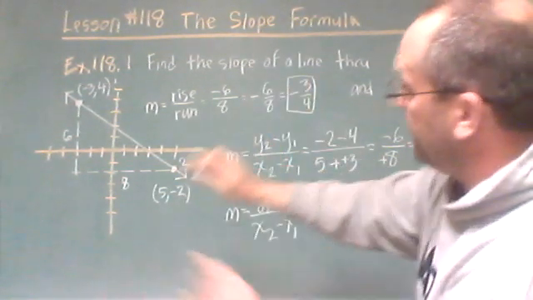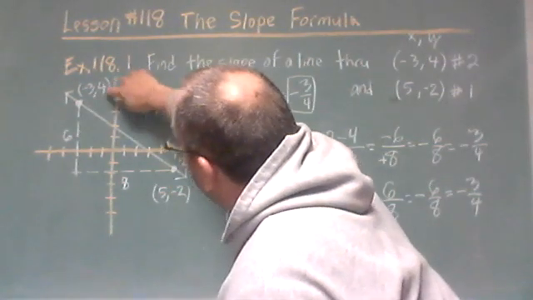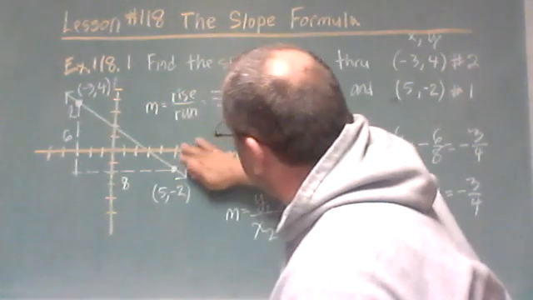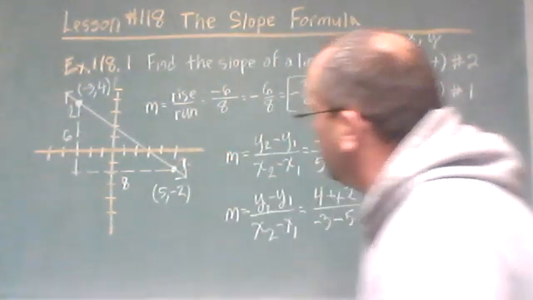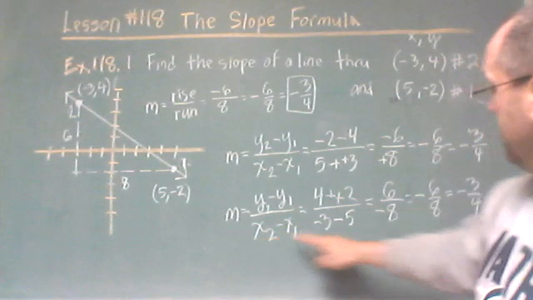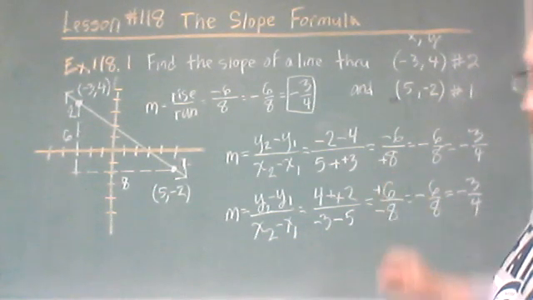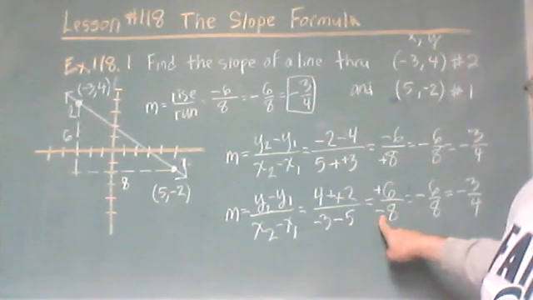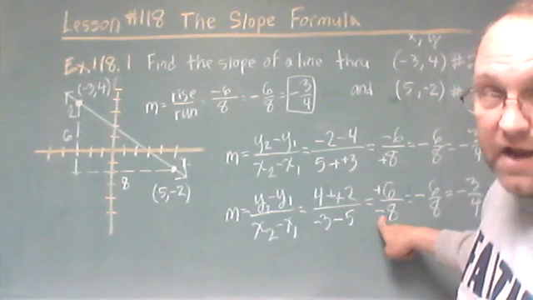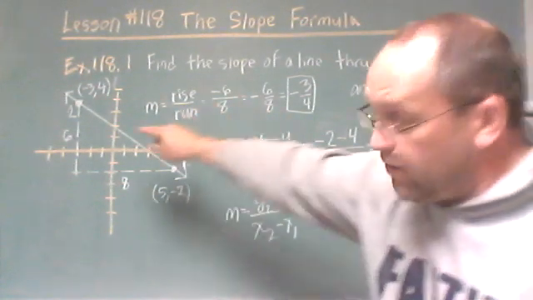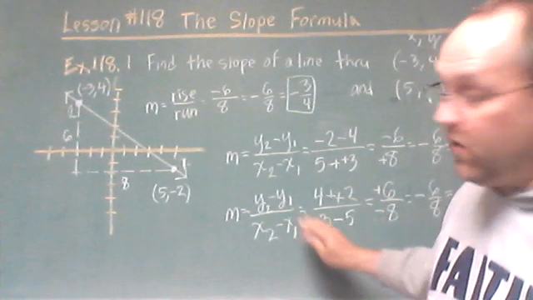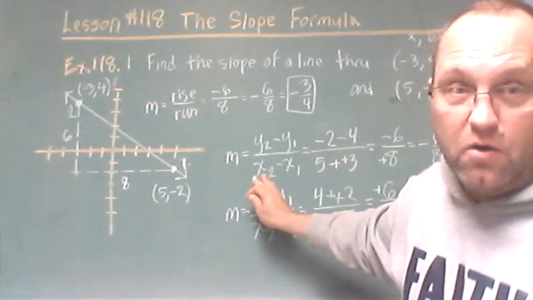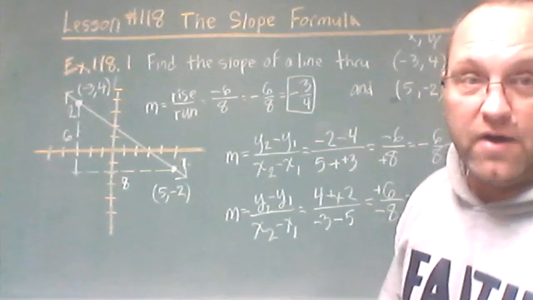When we switched it around, okay, when we used this as point 2 and this as point 1, what had happened down here? It gave us a positive in the numerator and a negative in the denominator. Now, we say when we do that graphically, that's a no-no. We don't do that. Well, the formula doesn't know about that reading from left to right, okay?